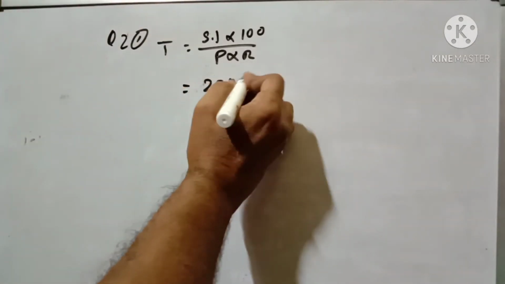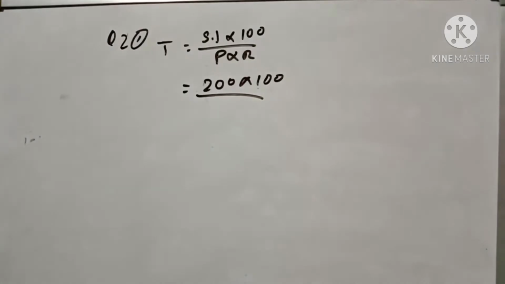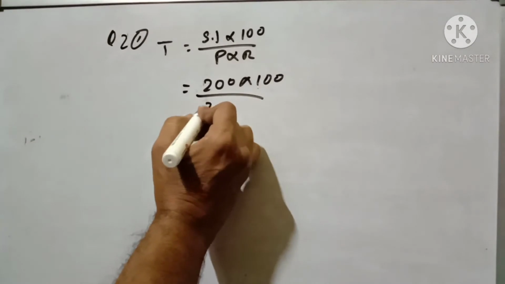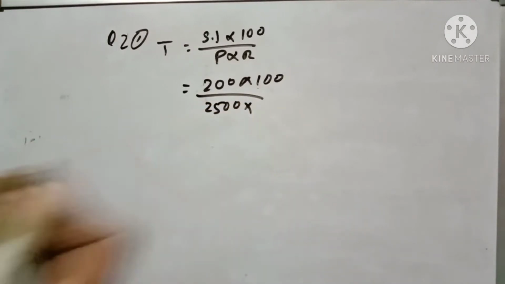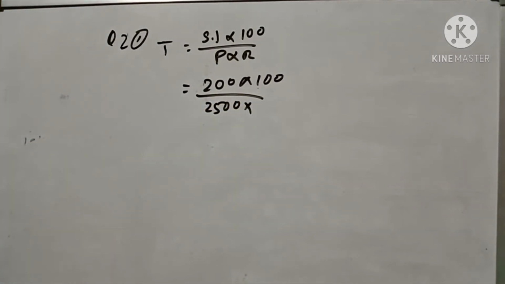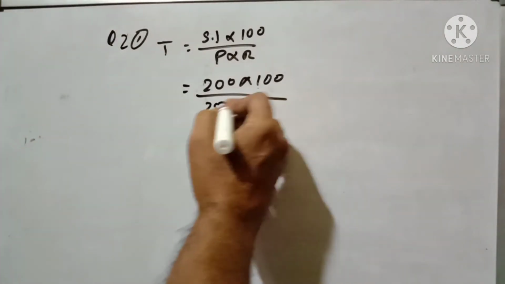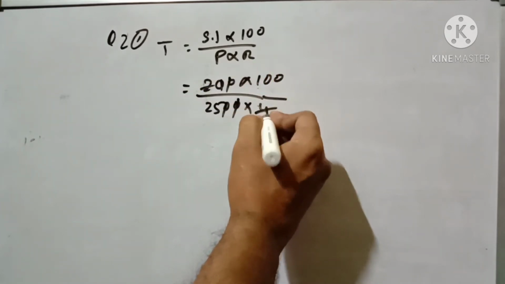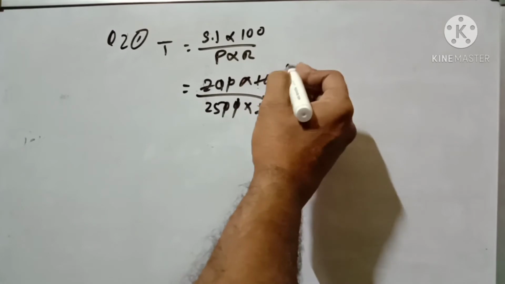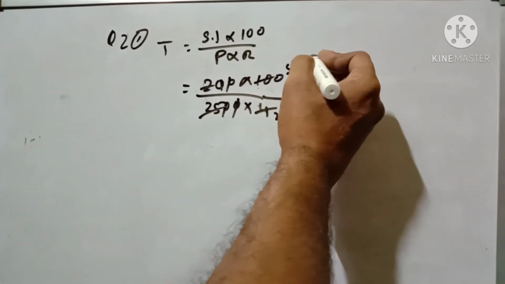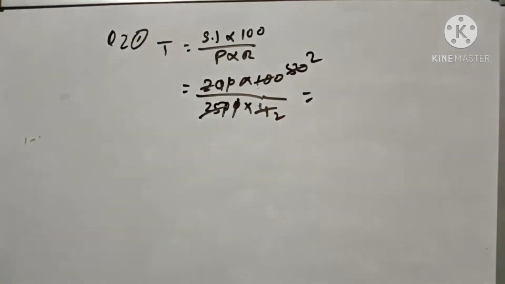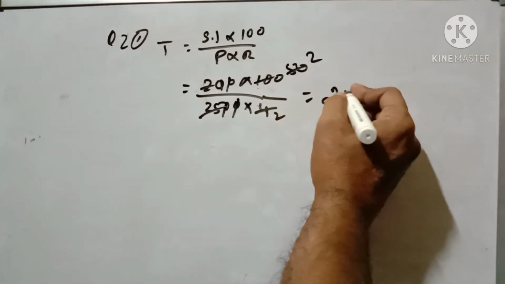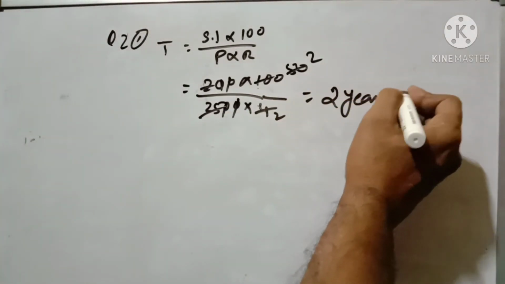So 200 into 100, and principal is given 2500, and rate of interest is 4%. So the zeros cancel. This will be 2 and this will be 50, and 25 twos are 50. So our time will come 2 years. This is our required answer.